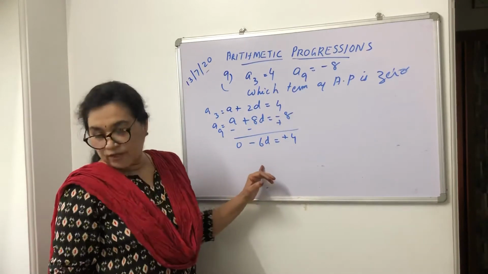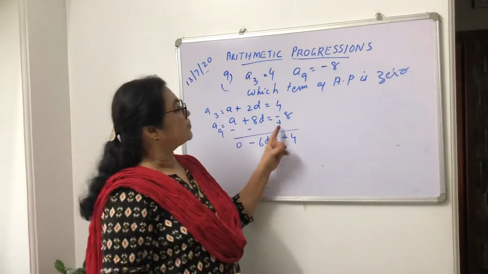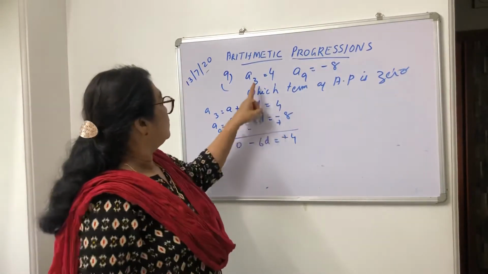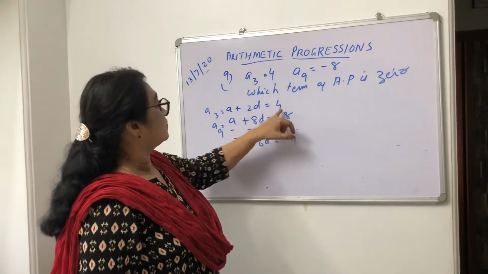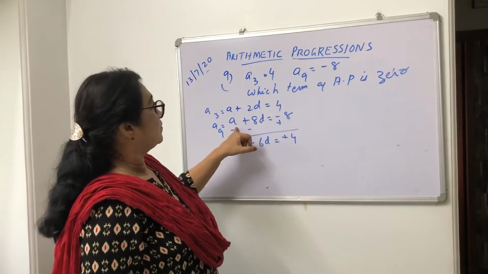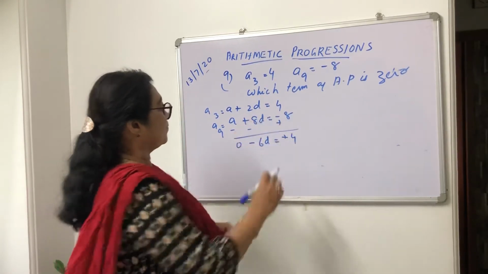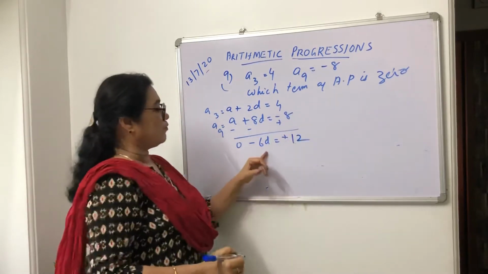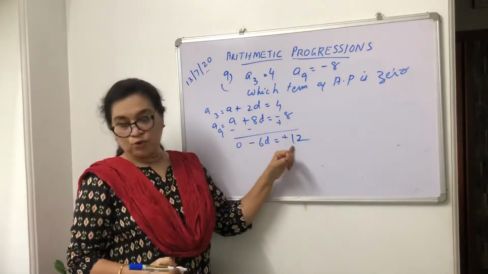Then what is the value of D? So 4 plus 8 is 12. Therefore minus 6D is equal to 12.